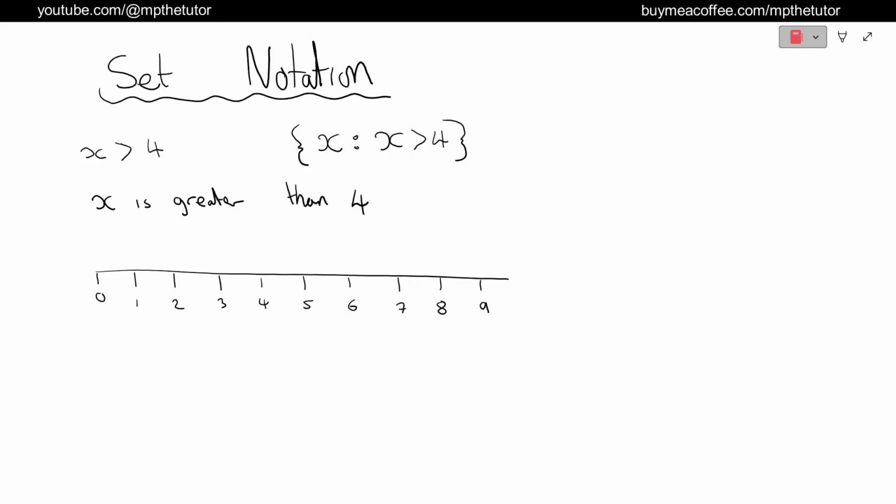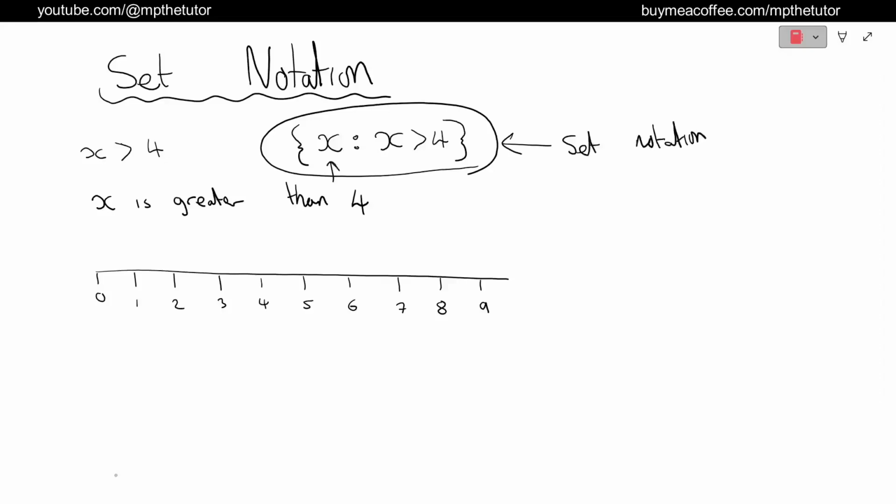But most of the time, you just use the normal way of writing it. Let's have a little look at this. Here it's written x is greater than 4. So this is another way of writing the arrow in word form. But this bit here is what's called set notation.